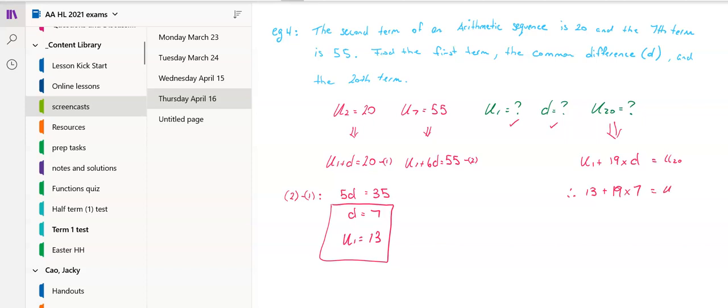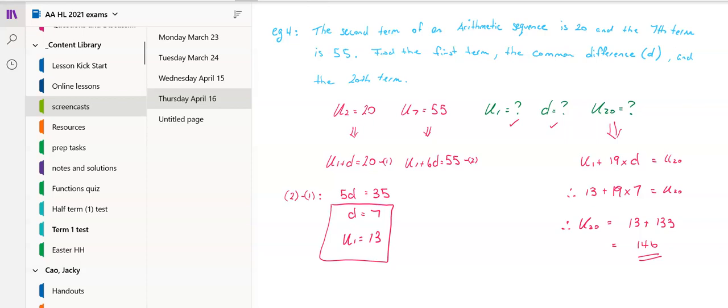So therefore, U20 is equal to 13 plus 133. 10 sevens are 70 and 3 sevens are 21, so 70 plus 63 is 133, yep. So my 20th term will be 146.